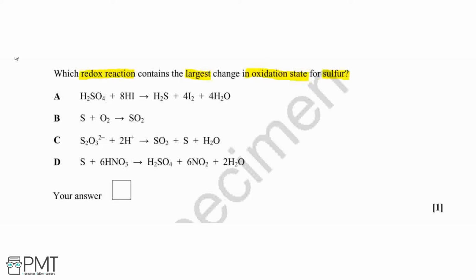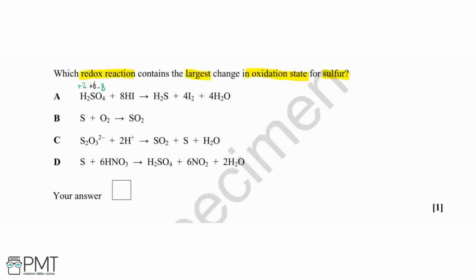Starting with equation A, in our sulfuric acid we've got 4 lots of oxygen, which at -2 for each oxygen gives -8 for that part. Then we've got 2 lots of +1 for the hydrogen, which gives +2. Therefore, to have a neutral compound overall, the sulfur will have to be oxidation state +6 there.